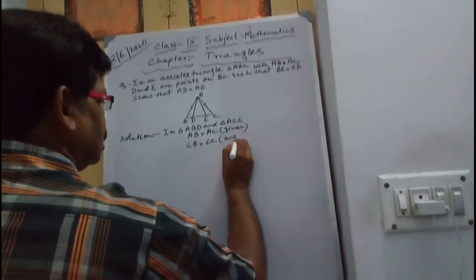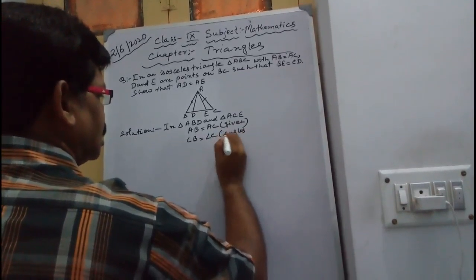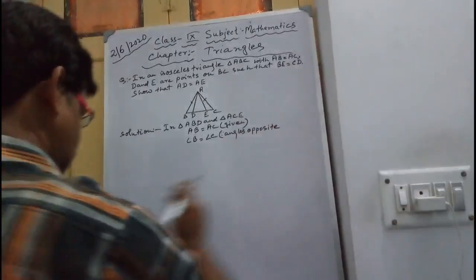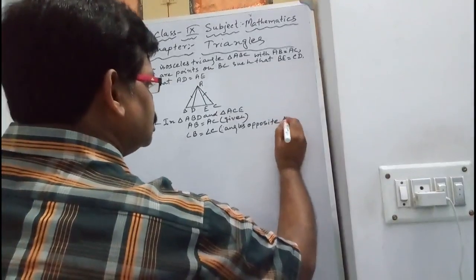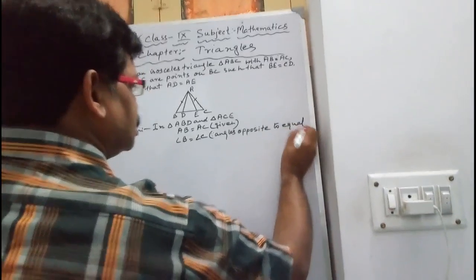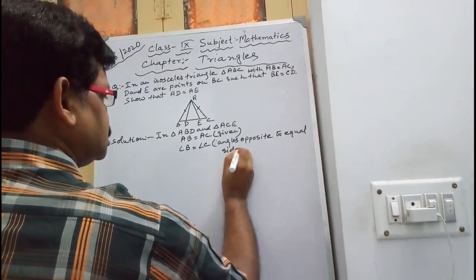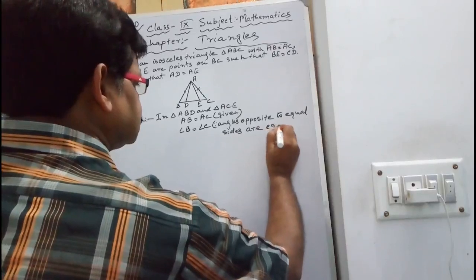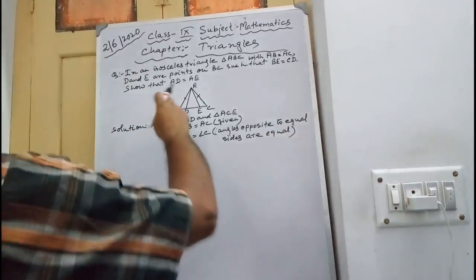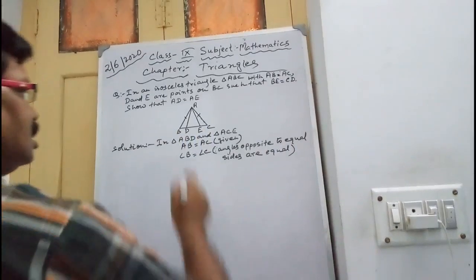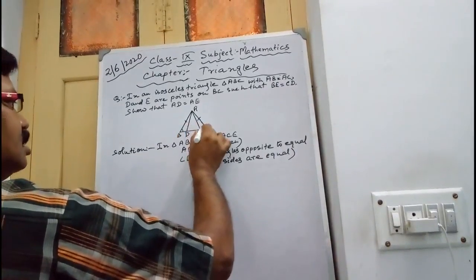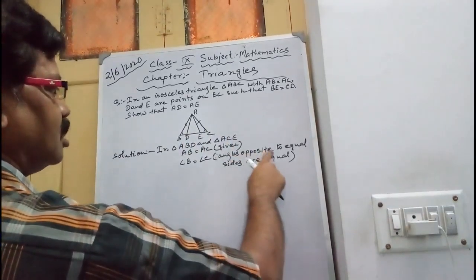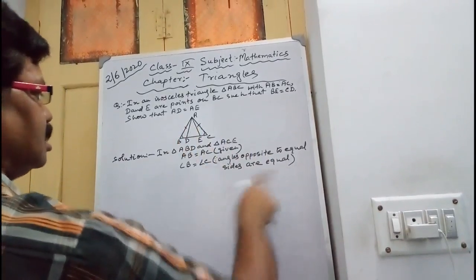The reason: angles opposite to equal sides are equal. AB equal to AC, therefore angle B is equal to angle C, because angles opposite to equal sides are equal.